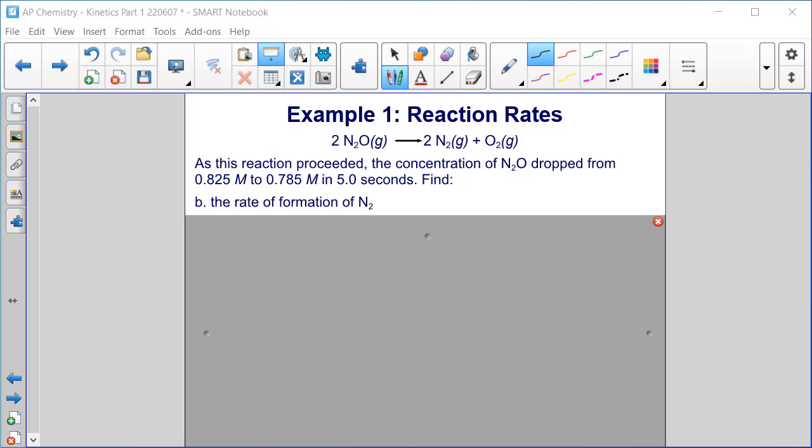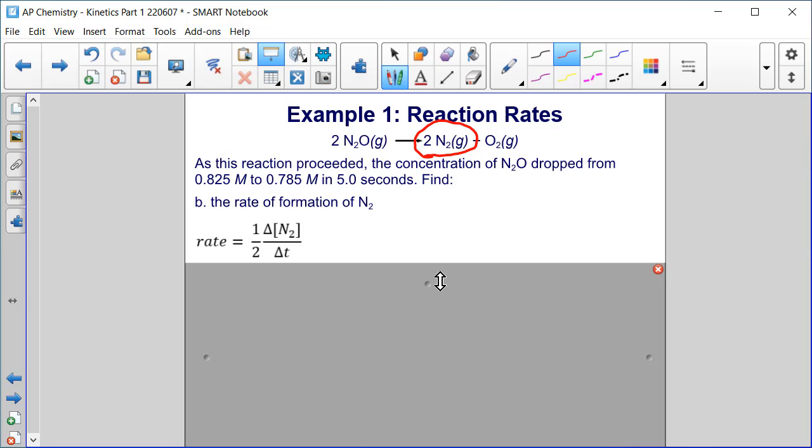All right, in part B here, we're asked to find the rate of formation of N2. So we'll use our answer from part A, but in this case, we're looking for the rate of formation of N2. So again, if I'm looking just at that product, rate is equal to 1 over 2.